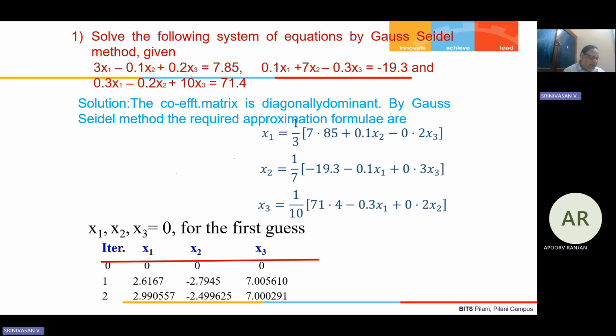The next equation is satisfied. It is coming correctly. So the answer is right. What is happening to the first equation then?